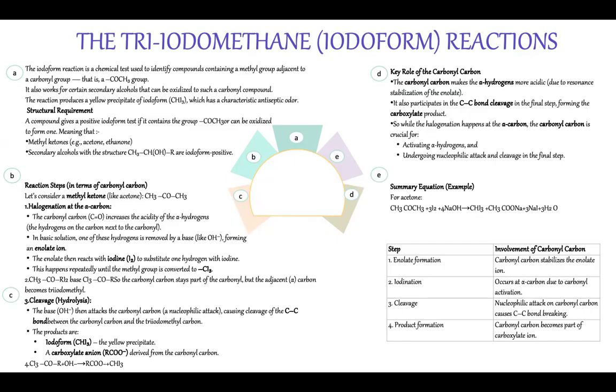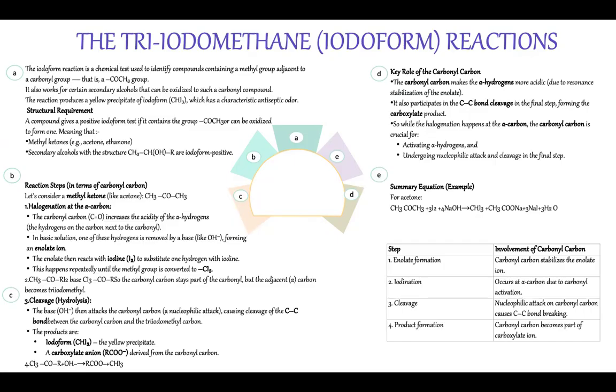And then we have the process of hydrolysis, where the base OH negative attacks the carbonyl carbon in a nucleophilic attack, causing cleavage of the C-C bond between the carbonyl carbon and the triiodomethyl carbon. And the products formed are iodoform, the yellow precipitate, and also a carboxylate anion derived from the carbonyl carbon.